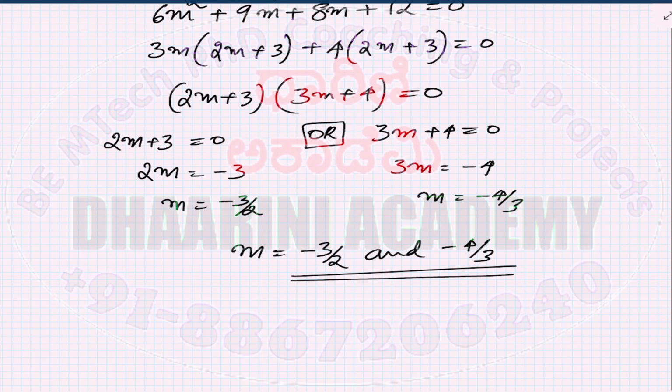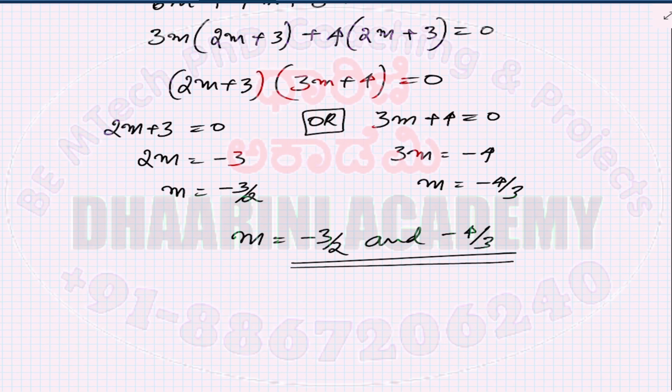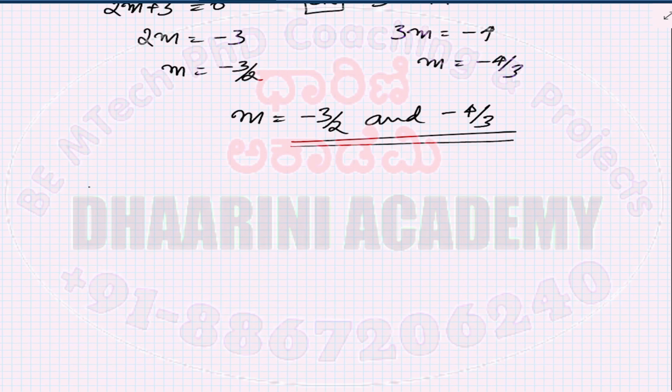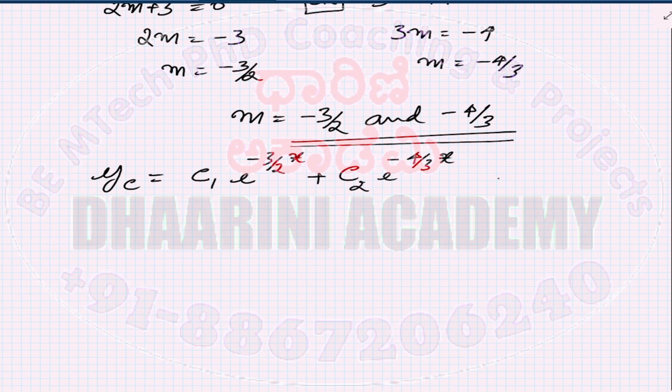Whenever the roots are real and distinct, the guess of Yc is c1 into e to the power minus 3 by 2 x, plus another constant c2 into e to the power minus 4 by 3 x. Let's hold on to this answer. This is my Yc for this particular problem. Till here we are fine because we already have solved this.